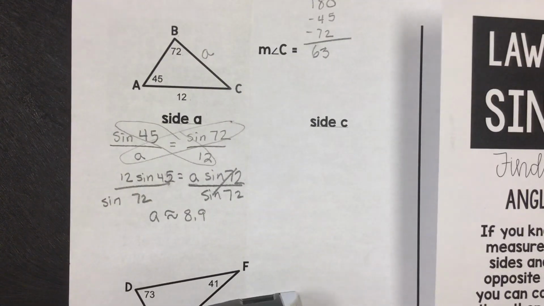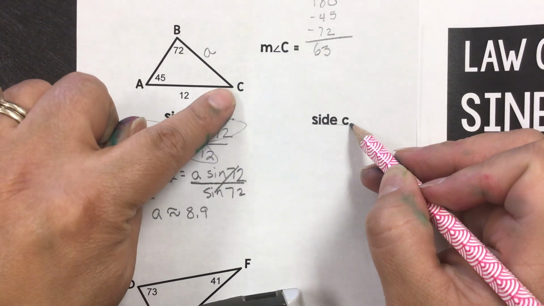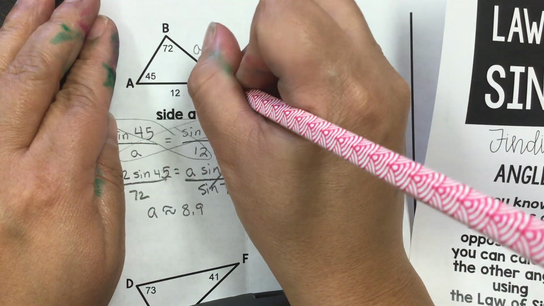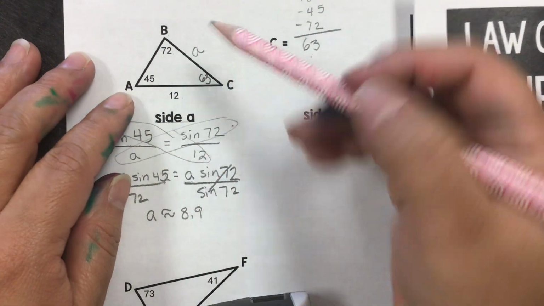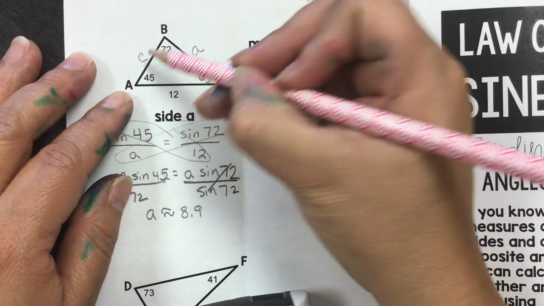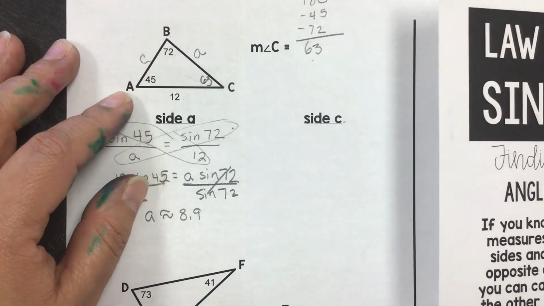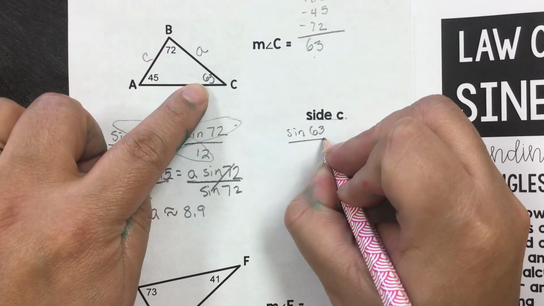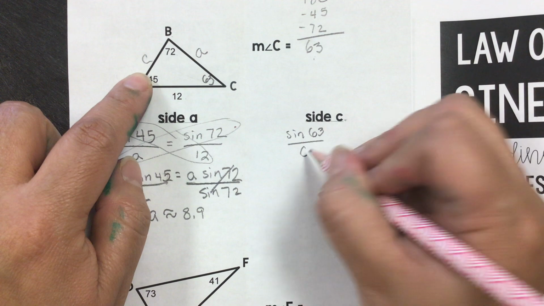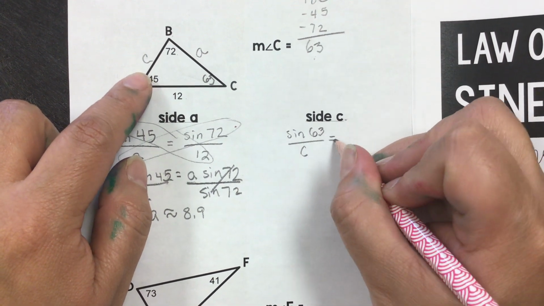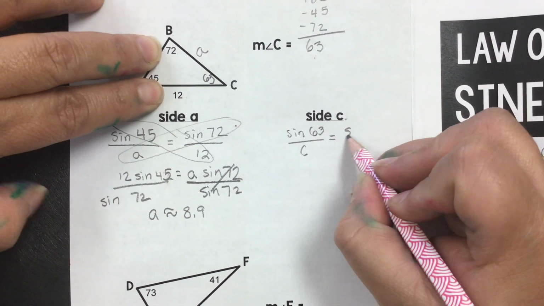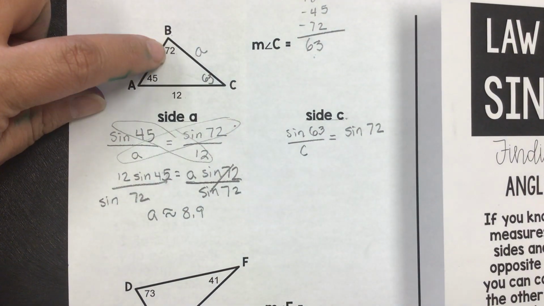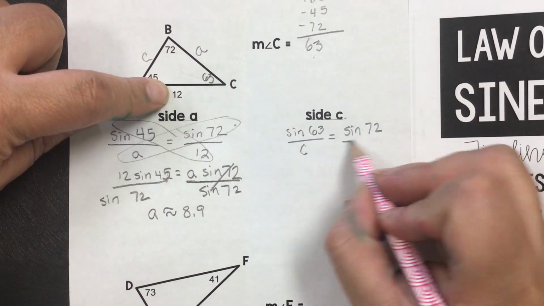Let's try that again. For C, I'm looking for this right here, and that's why we had to find the measure of C first, so that's 63. The side opposite is the side C. So I know that the sine of 63 corresponds with the side C. And that's going to be equal to the sine of 72, which is that angle, and the side opposite, which is 12.